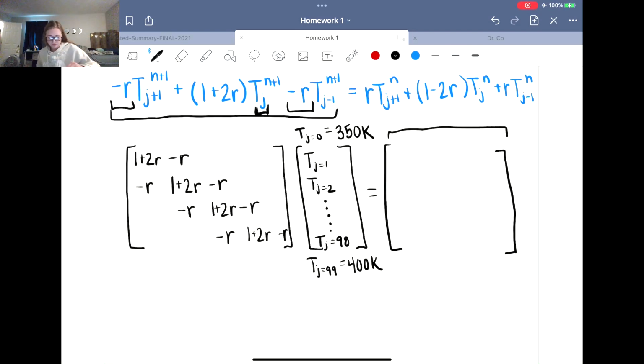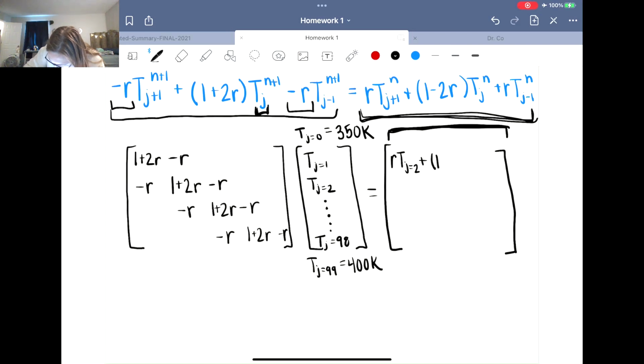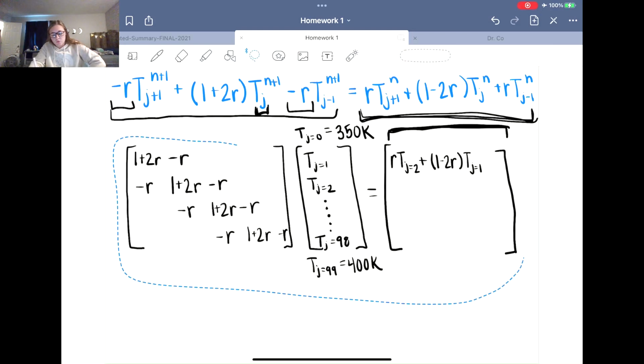So from here, we need to figure out how to fill in this side. So we're just going to plug in our 1 for each of these into this side. So we're going to get that r when j equals 2, not t, plus our 1 minus 2r of t where j equals 1.